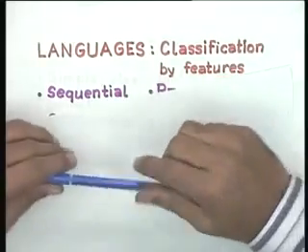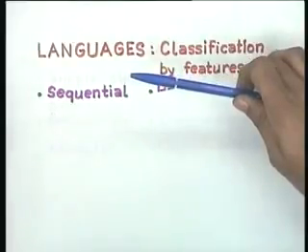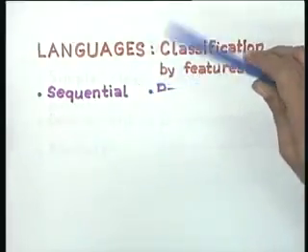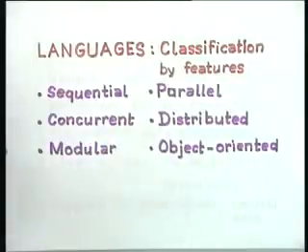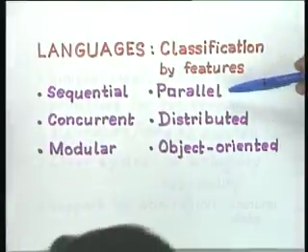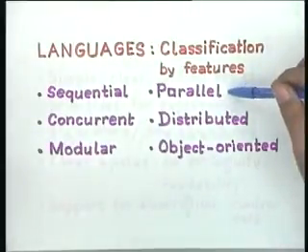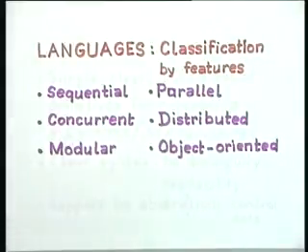Most of the languages that you have programmed in are really sequential languages. Then you have parallel languages, which are very often languages meant for certain specialized architectures, like single instruction, multiple data, where you execute things in parallel.